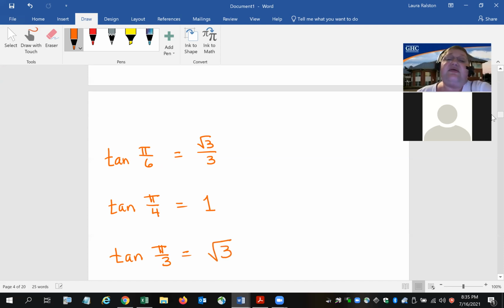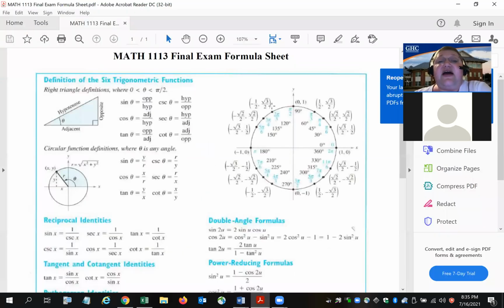So even if I'm at 5 pi sixths, which puts me in the second quadrant, my value is still square root 3 over 3, but it's negative because of the signs in quadrant 2.